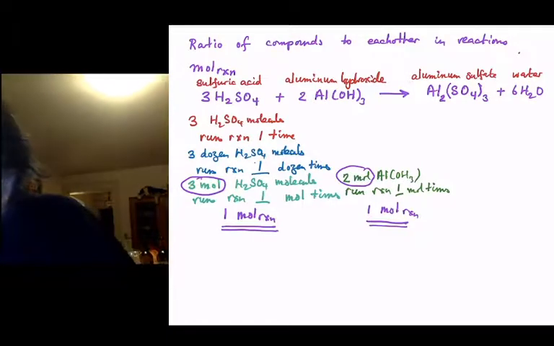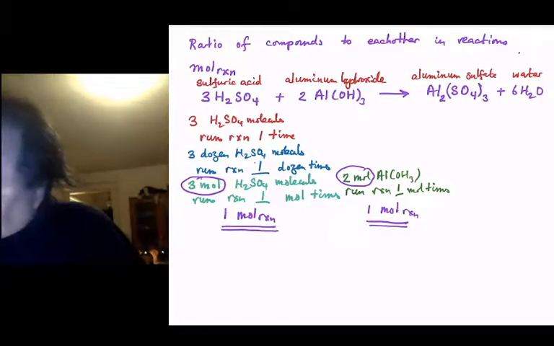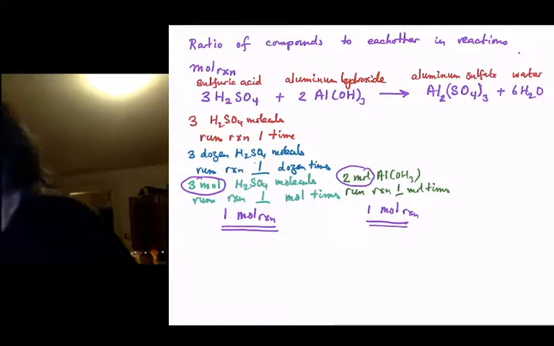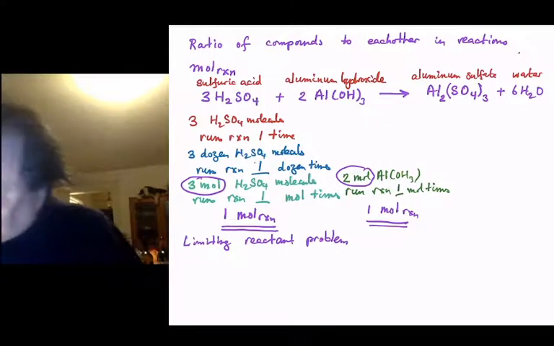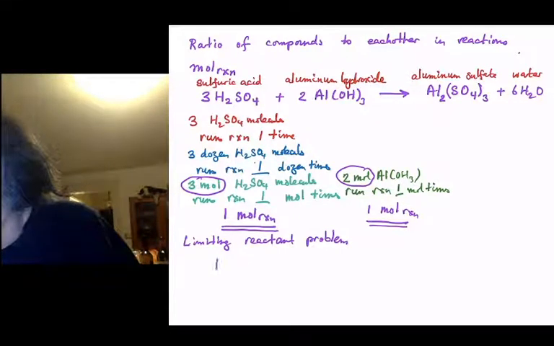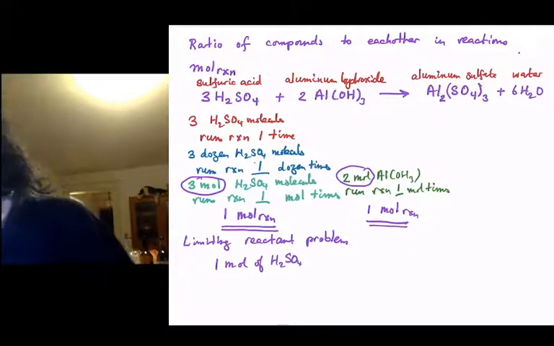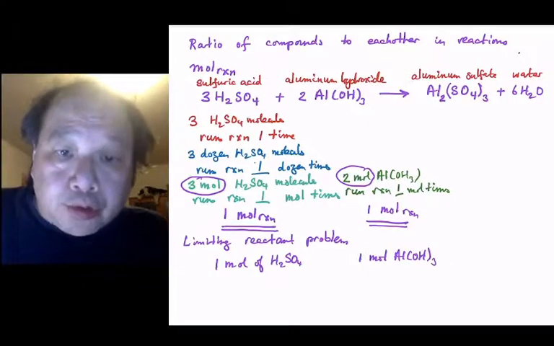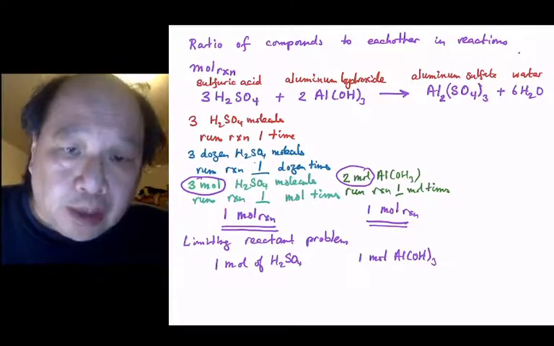And now let me start introducing you to the very important limiting reactant problem. Let's say we started off with just 1 mole of H2SO4 and 1 mole of AlOH3. 3 moles runs 1 mole reaction times for H2SO4.